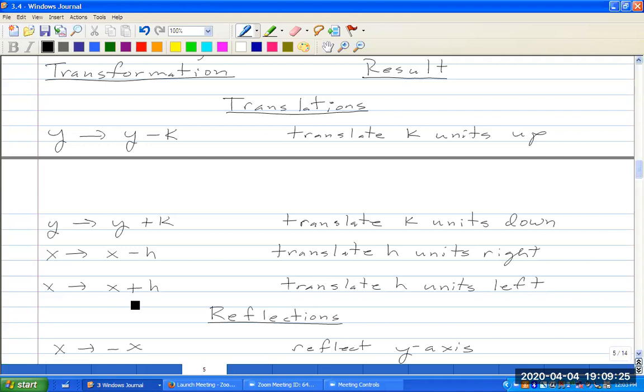Then I'll be going h units in the negative x direction. I'll translate h units to the left. So in general, think of the following. Math is always backwards. So if you subtract, you go in the positive direction. If you add, you go in the negative direction.